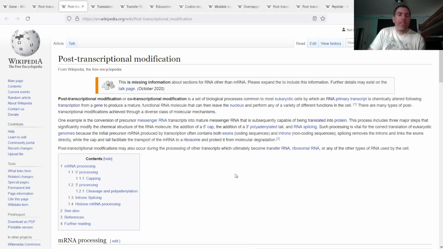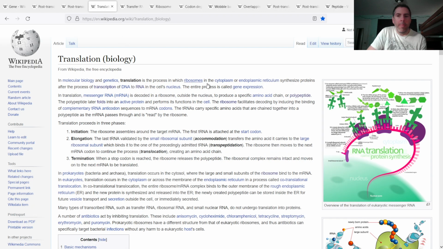Specifically with messenger RNA, adding a 5' cap and the poly A tail, and then RNA splicing would go on, and then that messenger RNA is transported out of the nucleus into the cytoplasm where translation can occur.